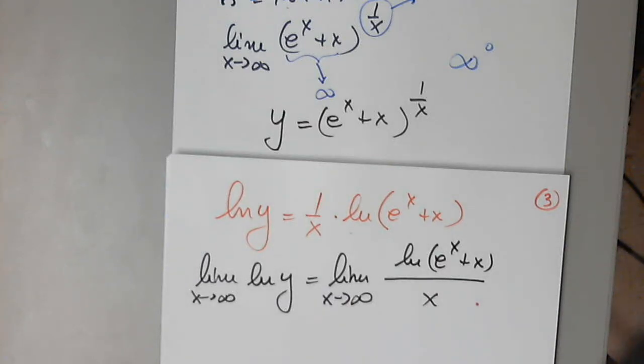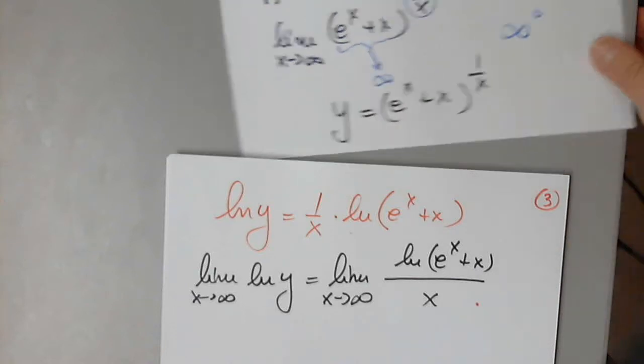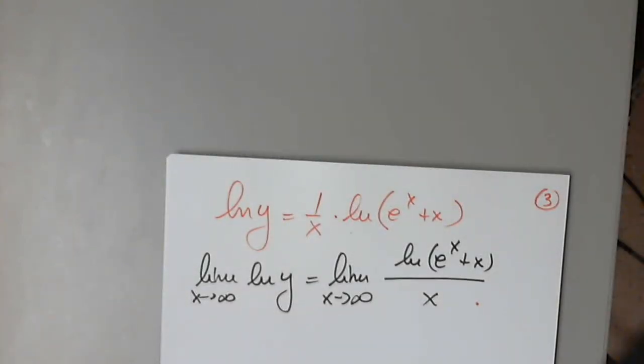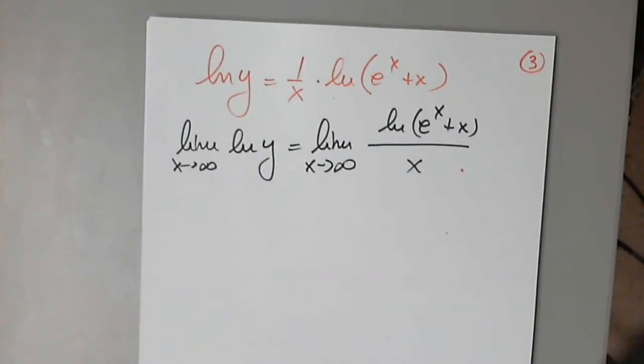I know that this is not what we are asked to determine. We're not asked to determine the limit of the natural log, but we don't have another way. We have to find this first. Now in this situation, I have to check again and see what indeterminate case, if any, this fits in. So what is this? When I plug in infinity, where does the top go?